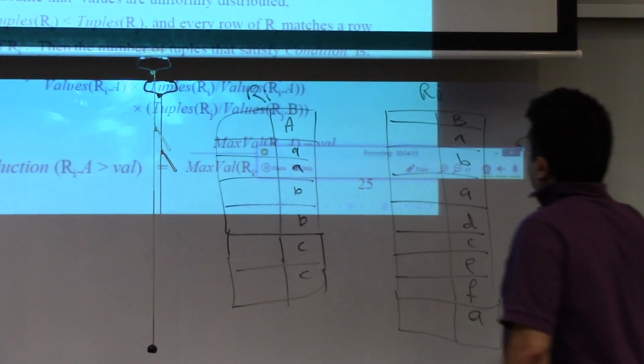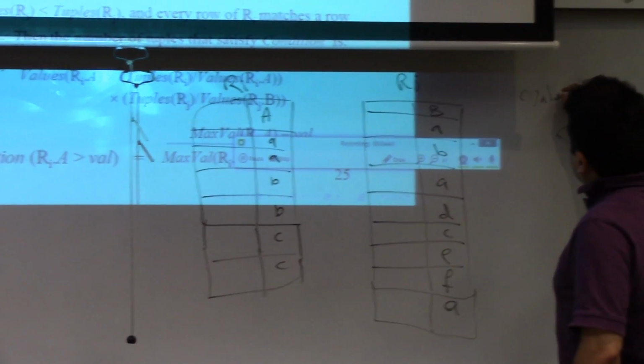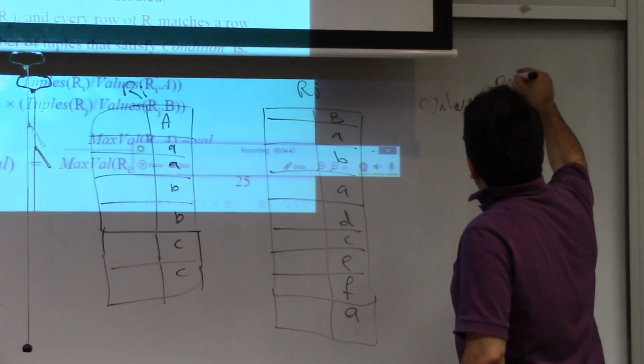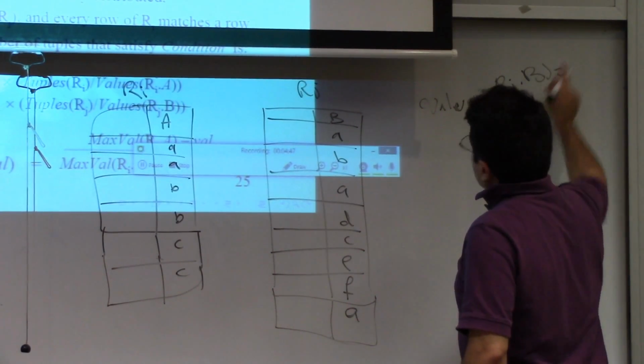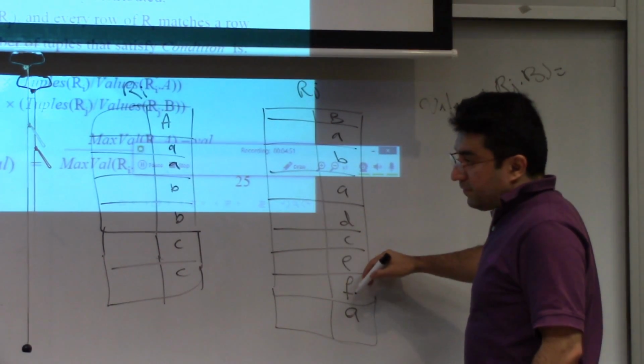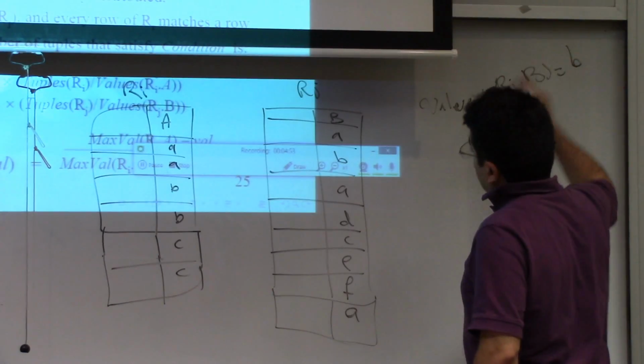So what is the values of Rj.B? A, B, C, D, E, F, 6, right?